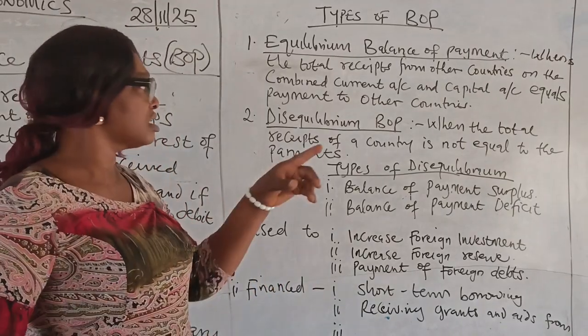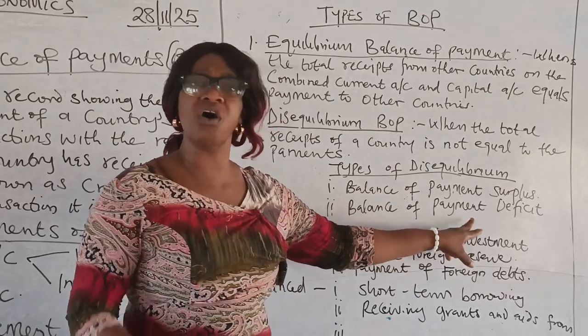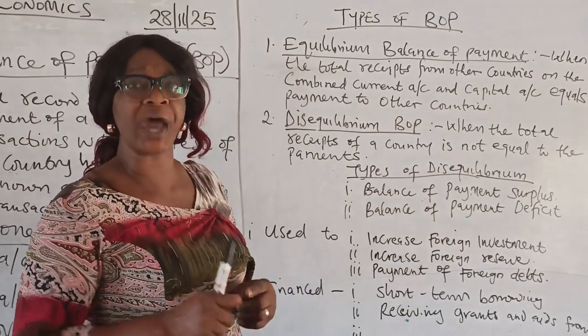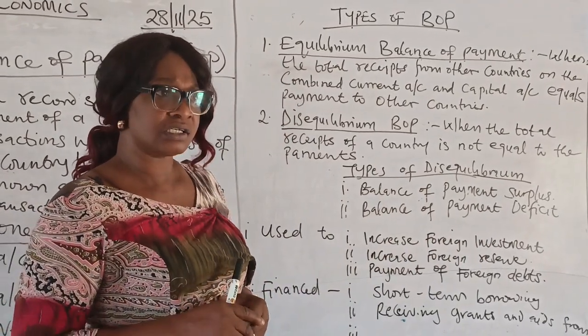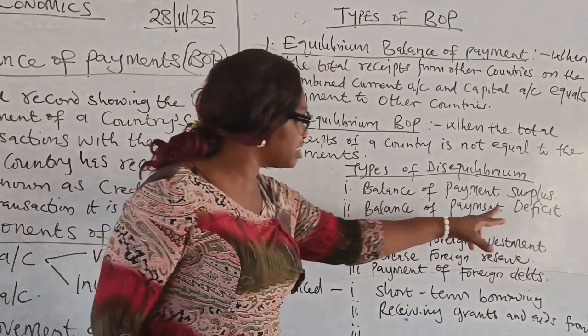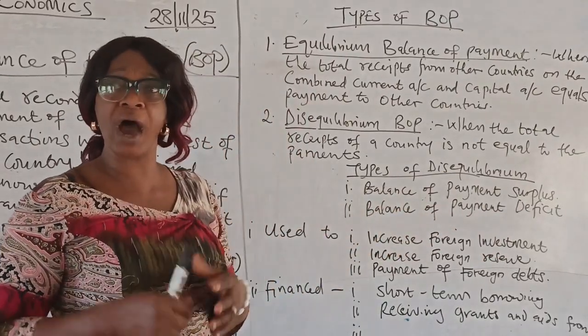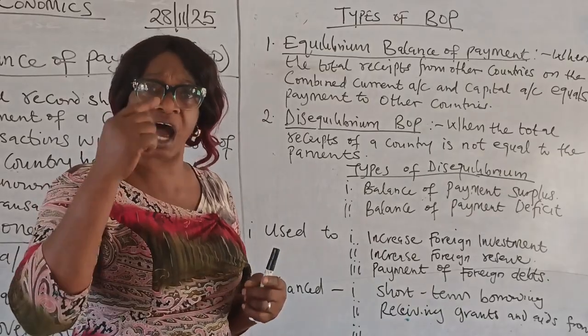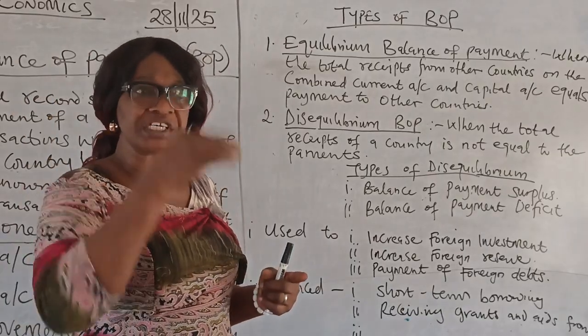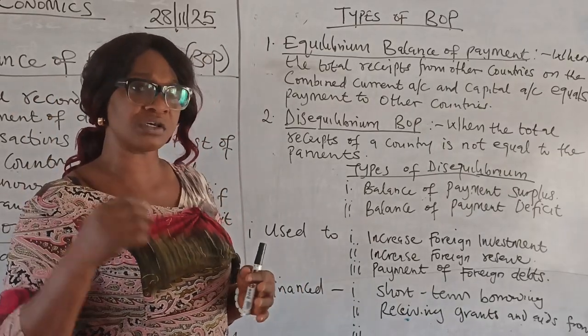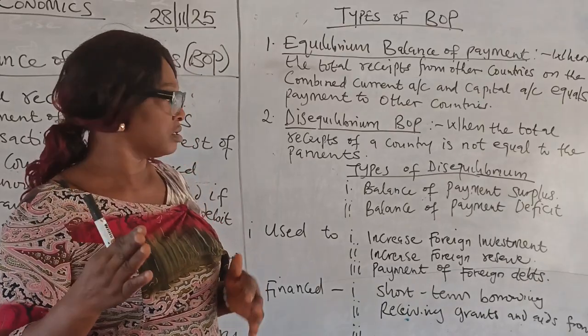It means that our balance of payment is unfavorable. We are indebted. That is balance of payment deficit. When our import is more than our export, we keep on importing everything. We keep on importing without exporting.